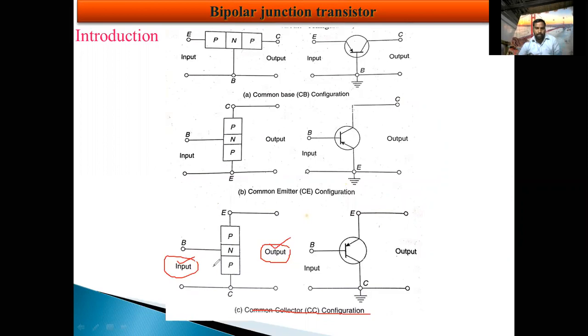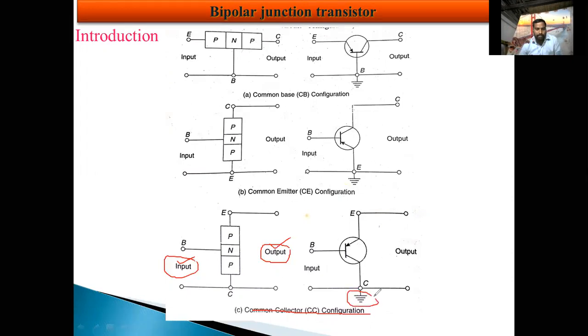Now this picture indicates the transistor having P, N and P semiconductors, and this is the circuit symbol of the PNP transistor. In the common collector configuration, the collector is common to both input and output and is earthed here.